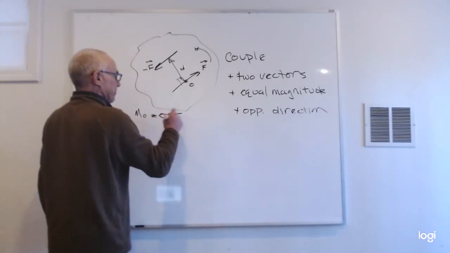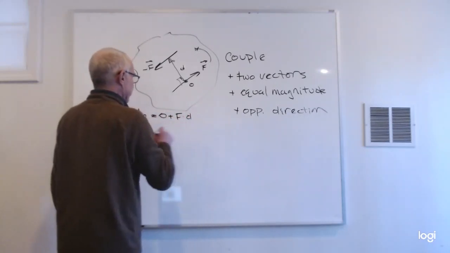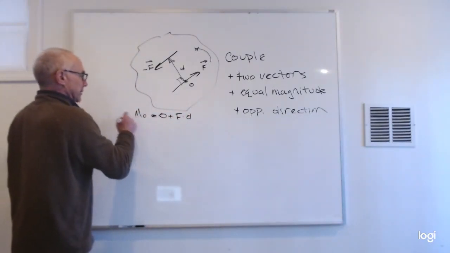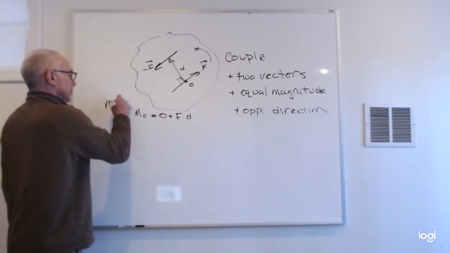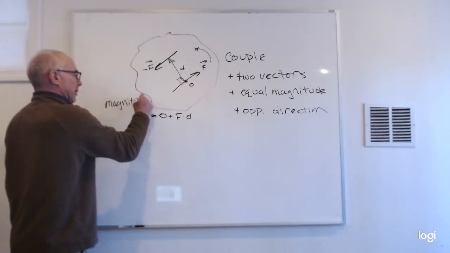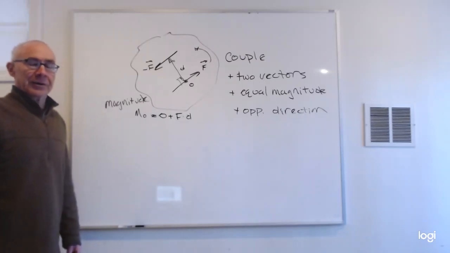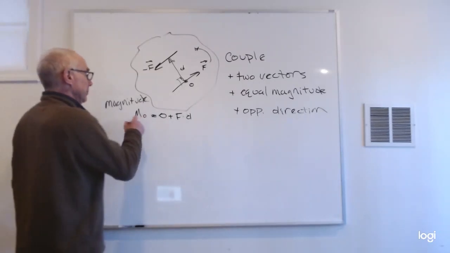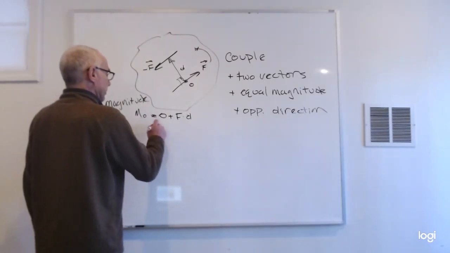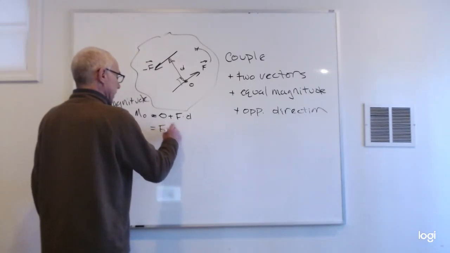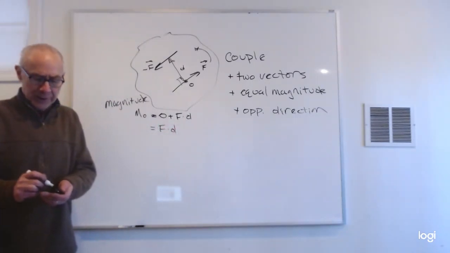We're doing these as just magnitudes times D. So the magnitude of my moment vector, and remember a moment is not a scalar, it's a vector. But the magnitude of M0 equals simply F times D. Okay, then you can do that.